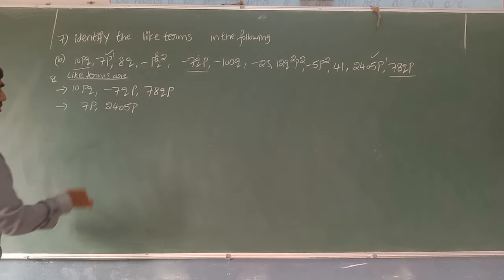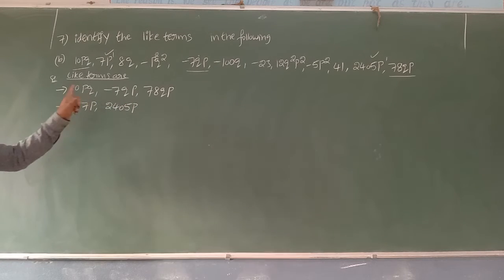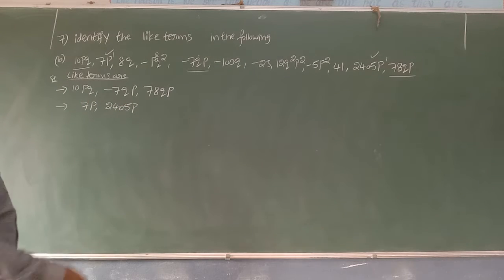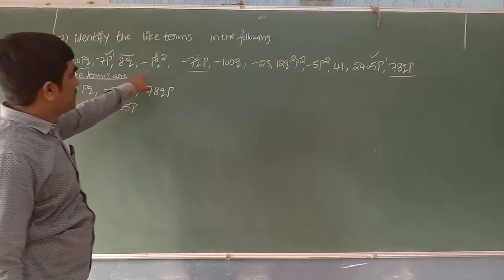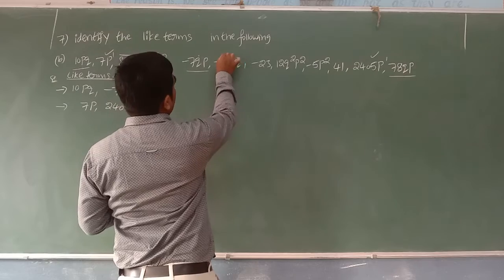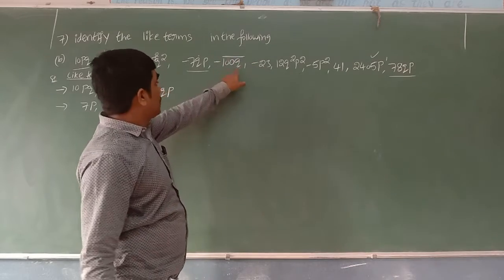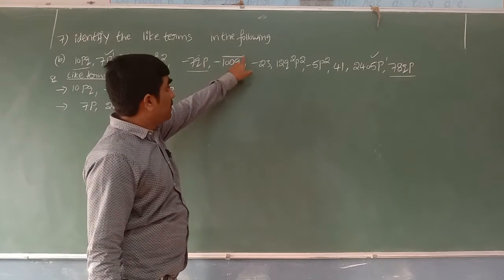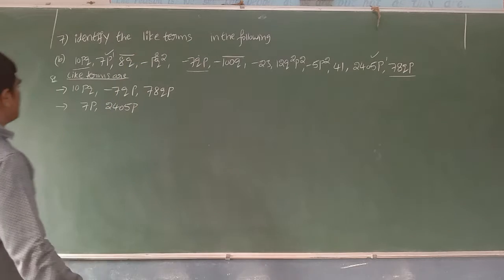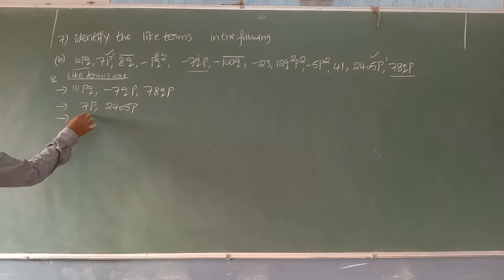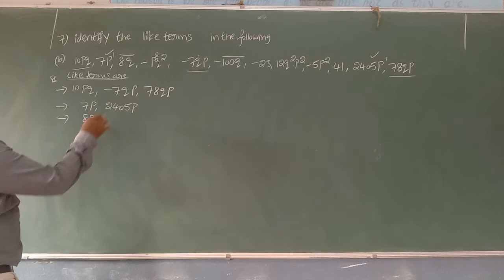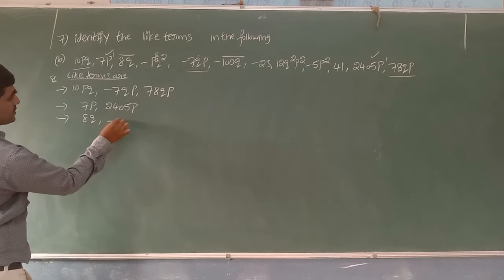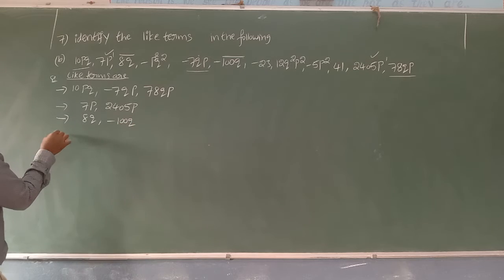These two are like terms with same variables p and same powers 1 1. More like terms, but I see 8q. Any q terms here? Yes, even you can see one more q term here, 100q. These two are same variables q and same power 1. So even these two are called like terms. Will make a group 8q comma minus 100q. These two are like terms.